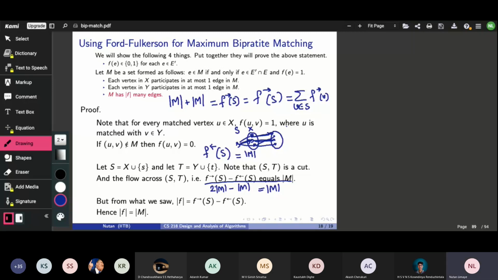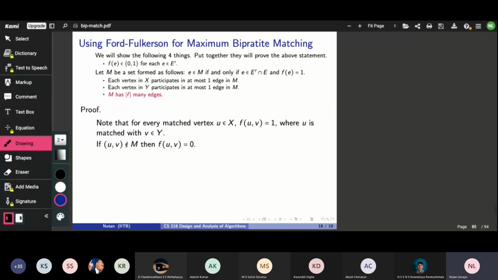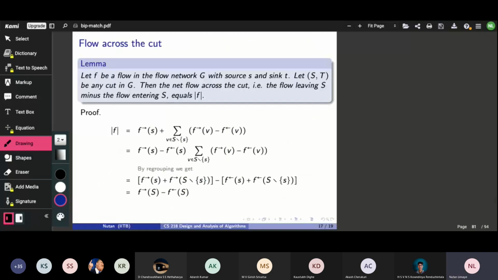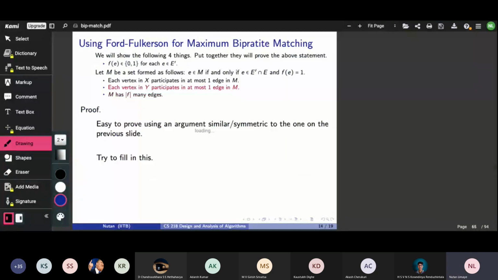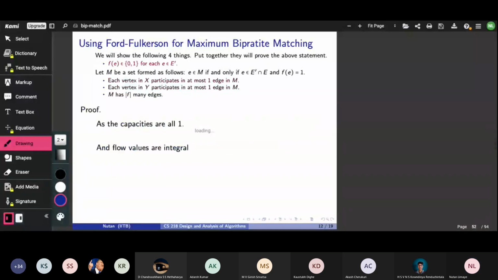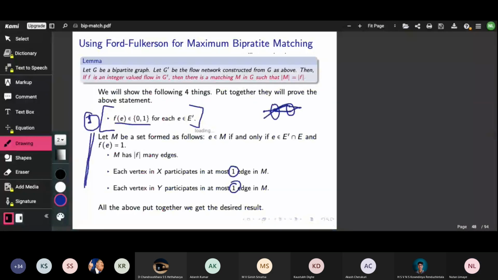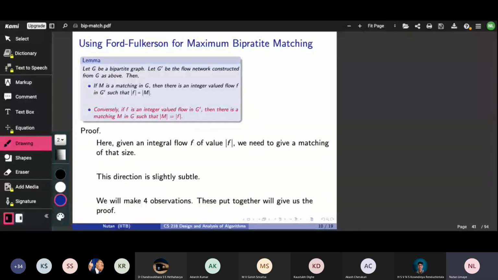Are there any other questions related to this? If you want, I can do a quick recap of how we went about the whole thing. Like I said, there are multiple other ways of proving the same thing.